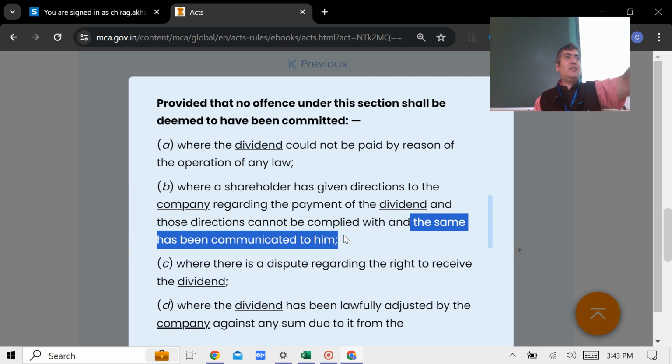Company didn't communicate it to the shareholder. We should have said that, sir, your bank account was wrong and that's why we couldn't pay it. Don't demand another bank account number. Just inform, write a letter that yes, we tried, but somehow we couldn't. Then it becomes the shareholder's duty to come back to the company and provide the another method to claim it.